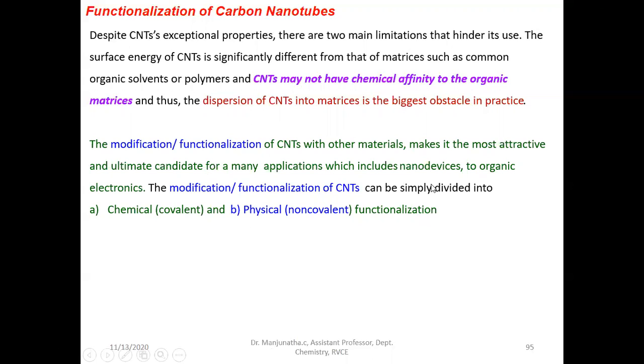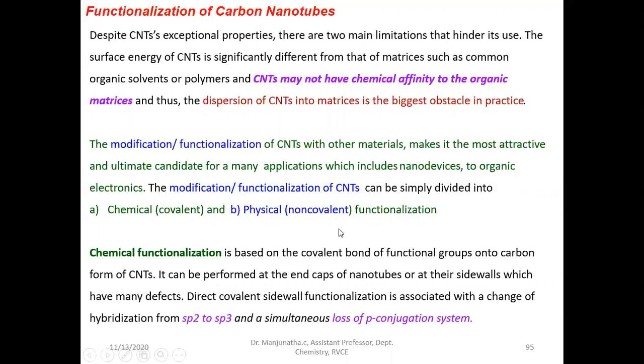Therefore, the surface of the carbon nanotube is modified by attaching some polar functional group through covalent chemical bonding, that is called chemical functionalization, or covalent functionalization. Or without forming a bond, just by adding some metals onto carbon nanotubes, or by covering the CNT with some polymers, just by physical functionalization, we can convert the carbon nanotubes into a different moiety.